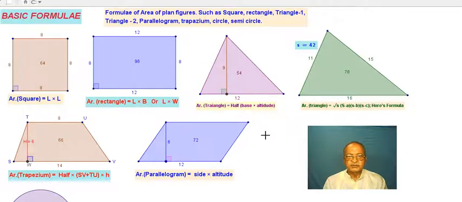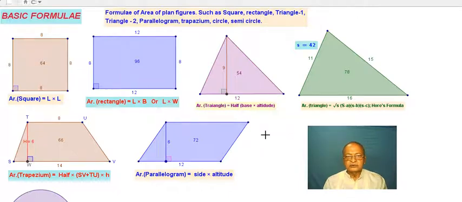In this video, we are going to discuss the basic formula of area of plane figures such as square, rectangle, triangle, two types of triangles, parallelogram, trapezium, circle and semicircle.